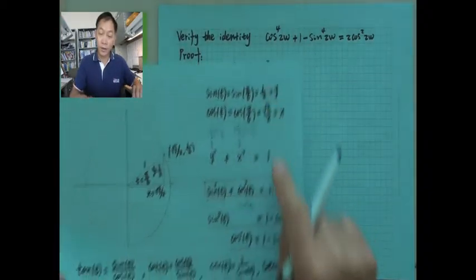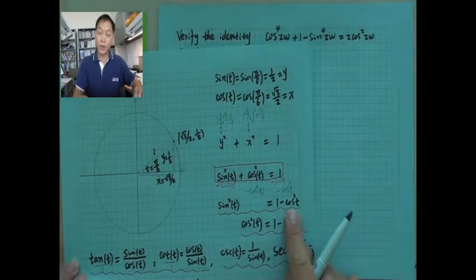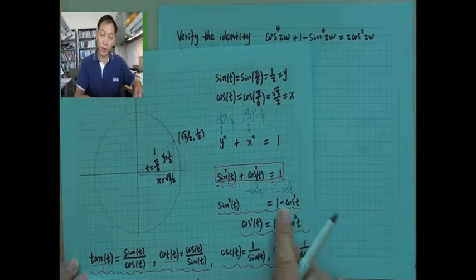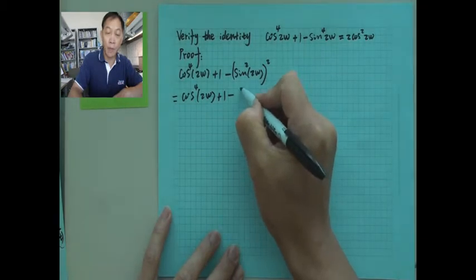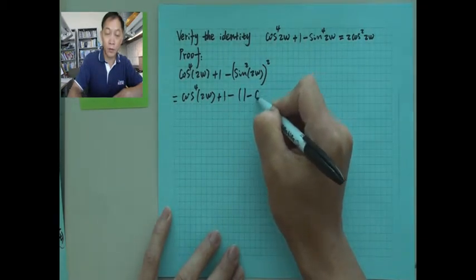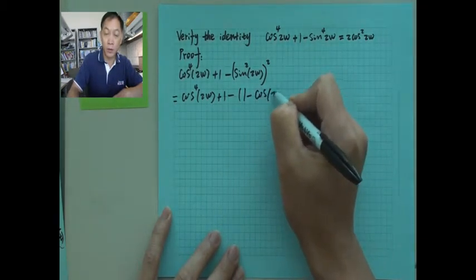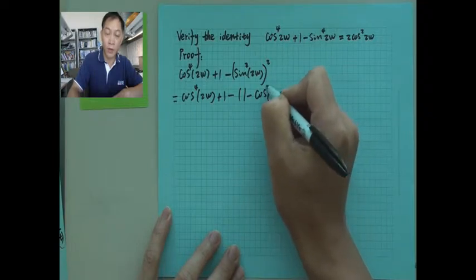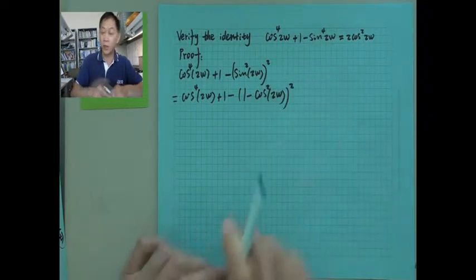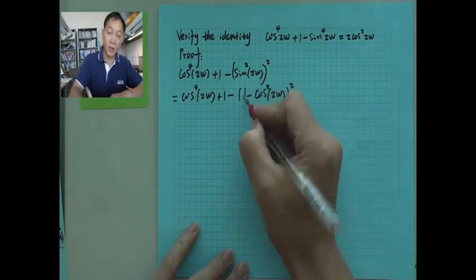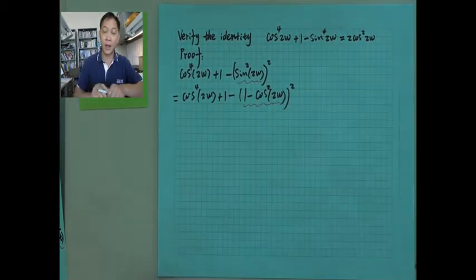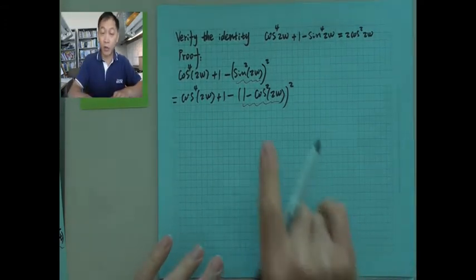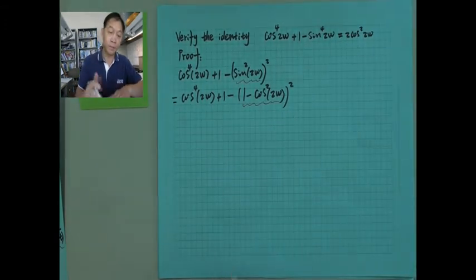Now we need sine, so we still use this one. Sine t squared, you can change that to 1 minus cosine t squared. So then you have 1 minus cosine 2 omega squared, and then squared. So inside, you just change the things inside. Alright? You didn't do anything else. Now you have to FOIL this one out.